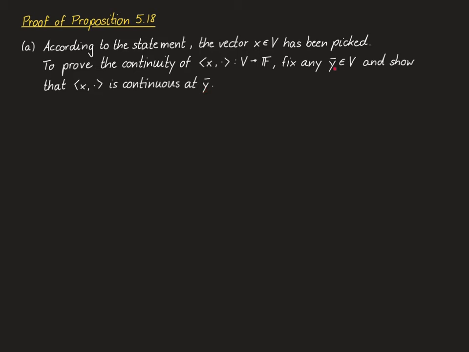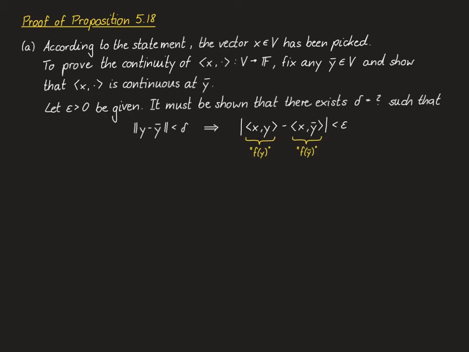And since y bar is arbitrary, this implies that the functional is continuous in general. So let any positive value of epsilon be given to us. What must be shown is that there exists some delta of our choice such that whenever y is delta close to y bar, then also the difference between the inner product of x with y and x with y bar in absolute value is less than epsilon.